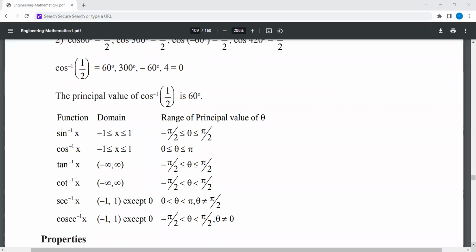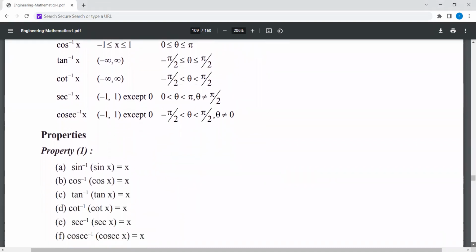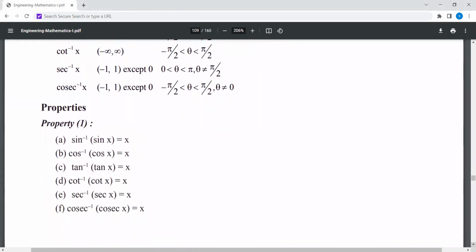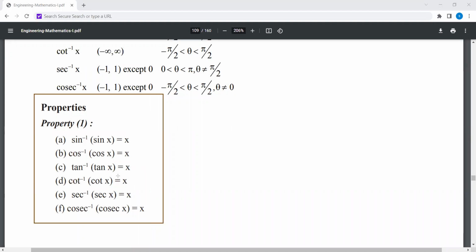Next concept: properties. Properties are rules. Property 1: sin inverse of sin x is x.